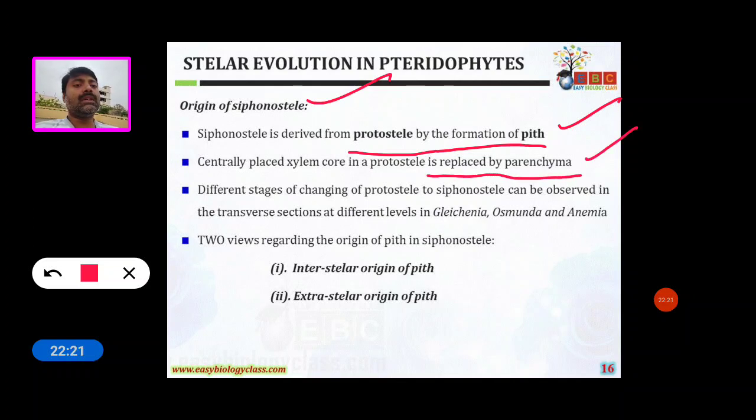The different stages of change from protostele to siphonostele can be observed in transverse sections at different levels in Gleichenia, Osmunda and Anemia. There are two views regarding the origin of pith in siphonostele: the intrastelar origin of pith and the extrastelar origin of pith.